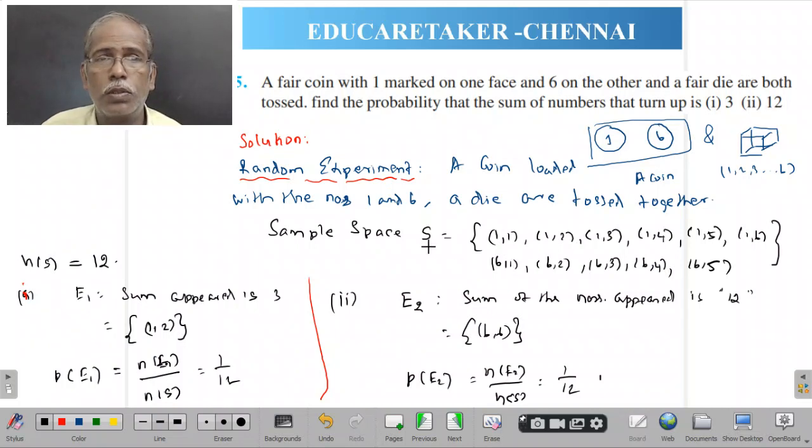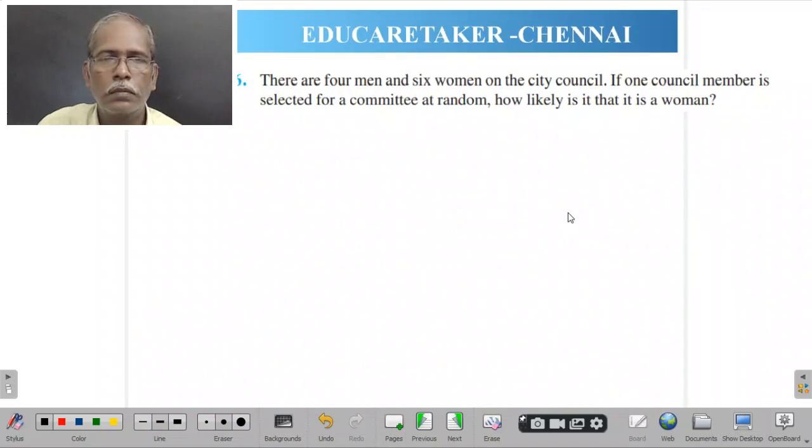So let us go to the next question, question number 6. My dear student, just look at the question. There are 4 men and 6 women on a city council.